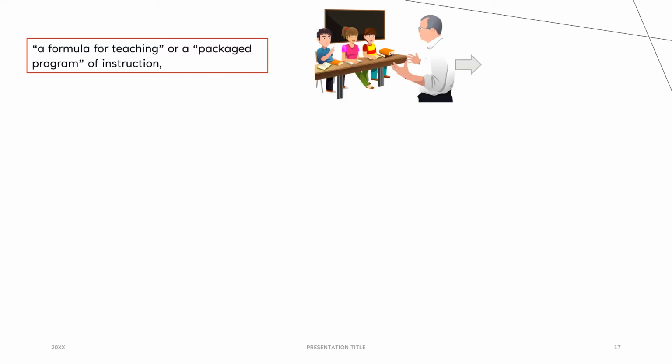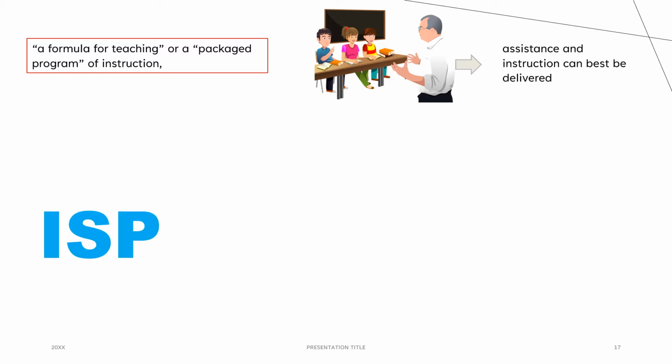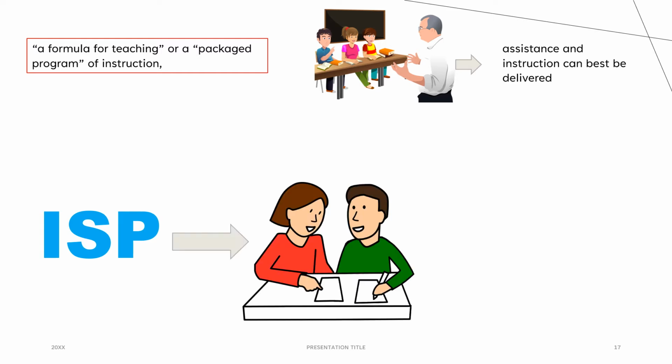Students and teachers have also found in Kuhlthau's work a vocabulary for discussing ways in which assistance and instruction can best be delivered. Kuhlthau's model of the ISP can be understood as representational of a student's thoughts, feelings, and activities related to the conduct of research assignments.